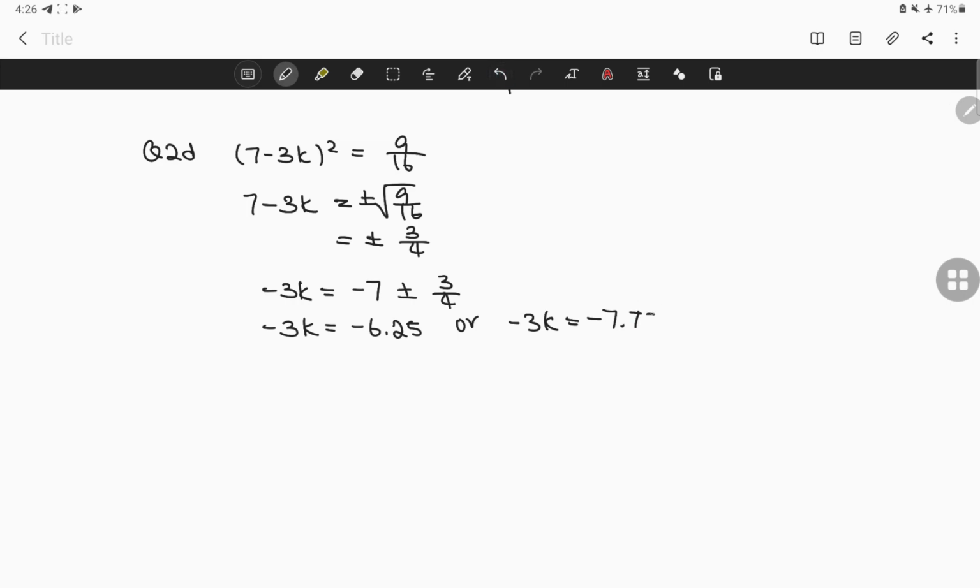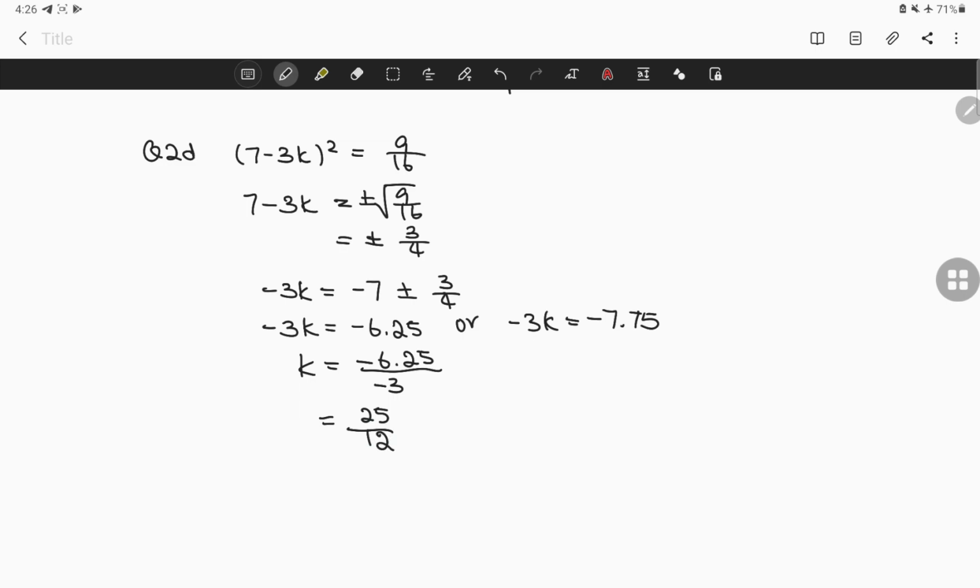However, this is not all. We still need to find the value of k. So k would then be equal to negative 6.25 divided by negative 3, which would then give us 25 over 12.